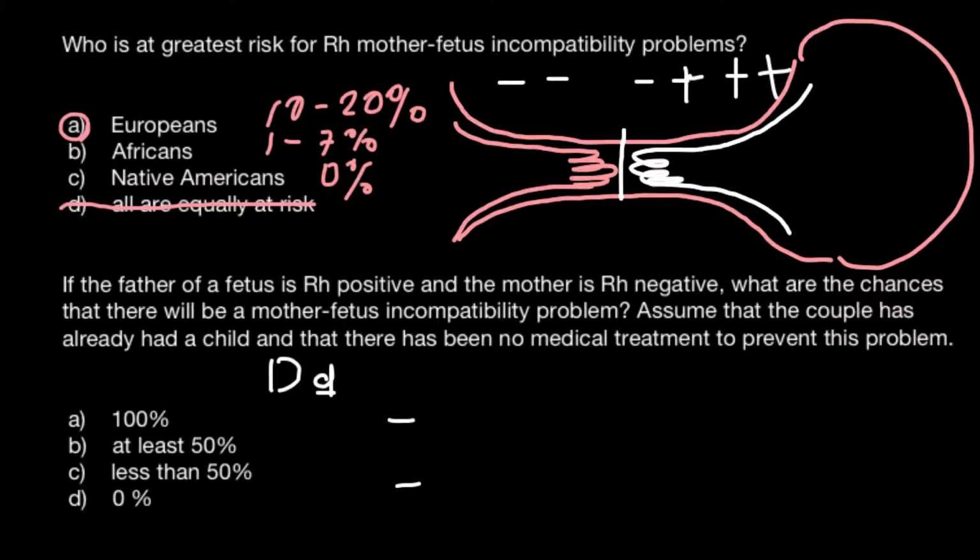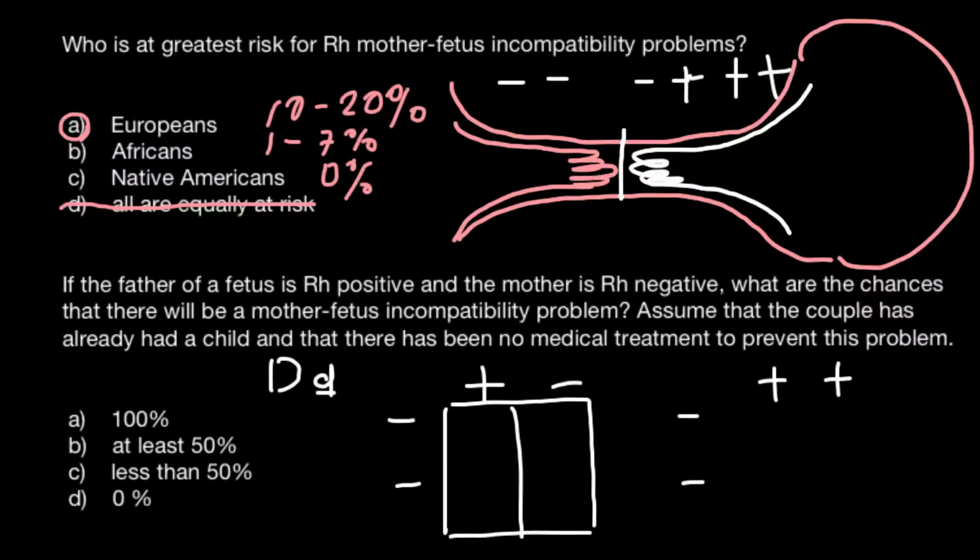So we can suggest that the father can be either heterozygous and Rh positive, or homozygous for this trait, where both of his genes would produce this factor D that defines whether blood would be Rh positive or Rh negative. So let's draw a Punnett square, and now we can predict results for both scenarios.